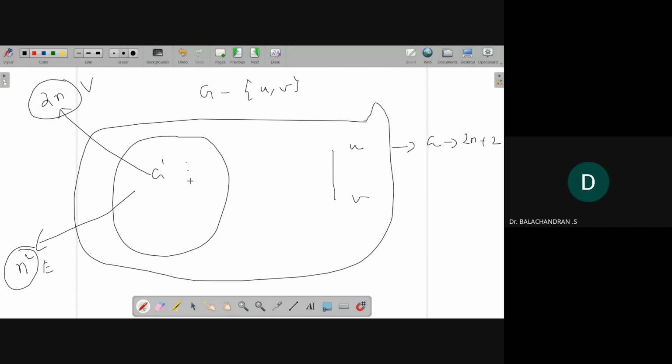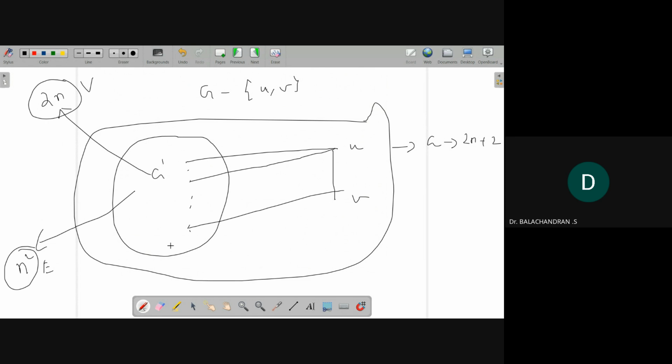Now, same argument again. If a vertex in G dash is adjacent to u, it will not be adjacent to v. Otherwise, we have a triangle. So how many maximum edges are possible here?